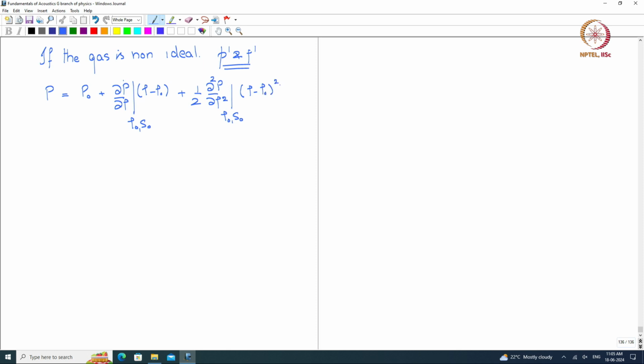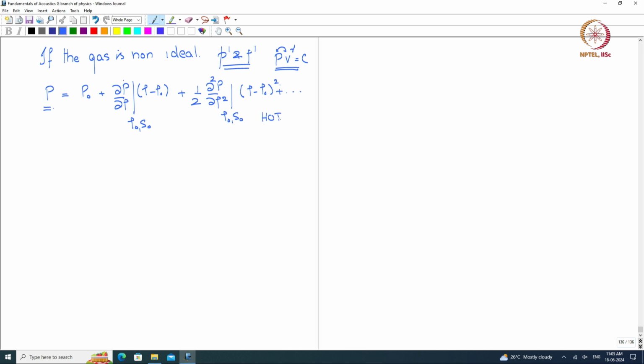We took this hint because we could write P V to the power gamma is a constant. Pressure and volume, or pressure and density, can be related in an equation. So here also P is just a function of rho, that is the way we wrote it. So now we will ignore these higher order terms.